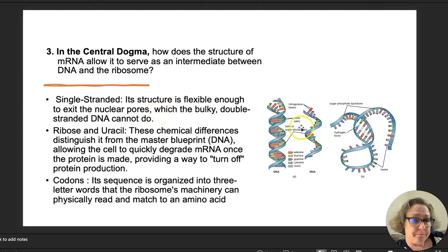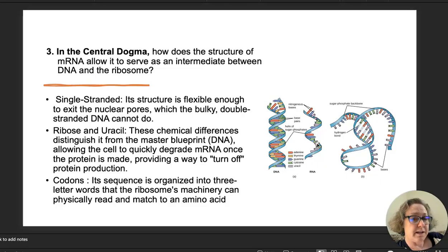Okay, central dogma. Single-stranded. How does the structure of mRNA allow it to serve as an intermediate between DNA and the ribosome? It's the carrier. This is the copy. You made the photocopy from back here, okay? You made a single-stranded copy to send out of the nucleus and into the ribosome. Its structure is flexible enough to exit the nucleus because it only has one strand, okay? So it's a little bit smaller.